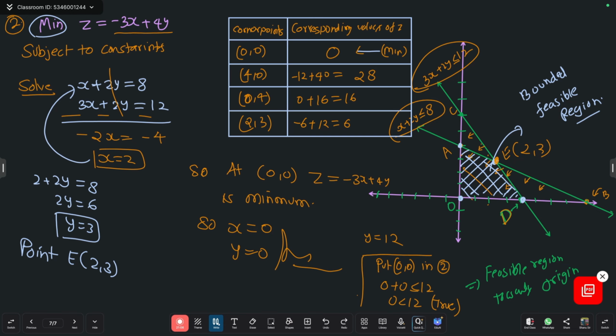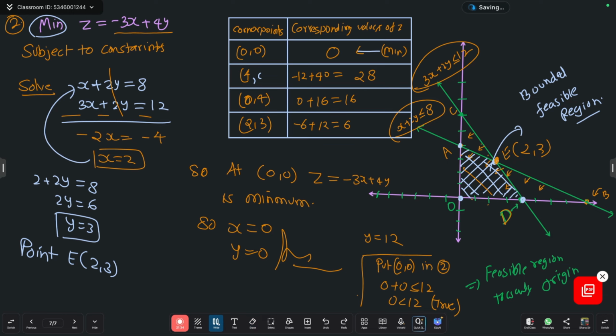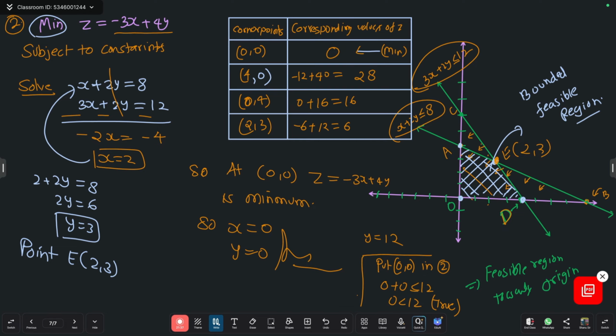For 4 comma 0, minus 12 plus 0, plus 40. Sir, 4 comma 0. Oh, sorry, I made a mistake. It is 4 comma 0, not 4 comma 10. This point. So minus 12, please forgive me.